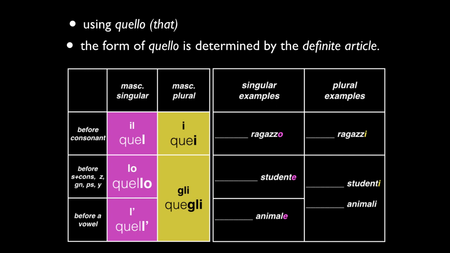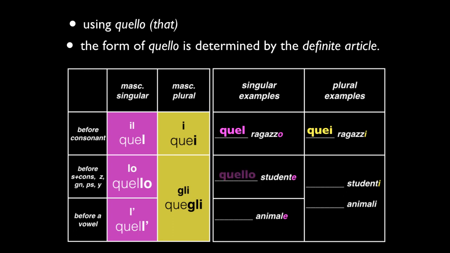Well, you see the form there is quel, like quel ragazzo, that boy. Notice that the I drops off on that form and you use the QUE in front of that. That becomes plural by turning into I, just like with a definite article. You get quei ragazzi, those boys. So masculine plural before a consonant is quei.